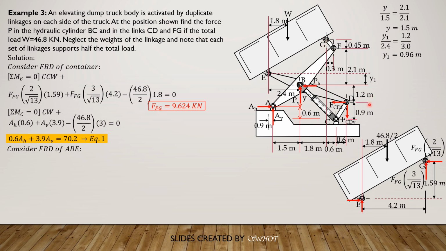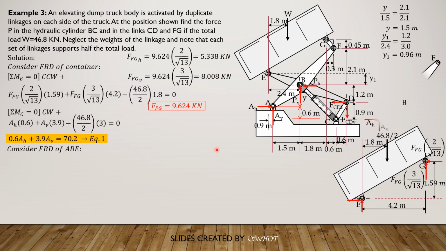Then we transmit the forces in link FG. Since it is compression, up to the left at G, then it is rightward and downward at F. So the components of FFG: FFG horizontal is equal to 9.624 times 2 over square root of 13, so it is 5.338 rightward if you transmit that at F. Then FFG vertical is 9.624 times 3 over square root of 13, and it is downward, 8.008 kilonewtons.